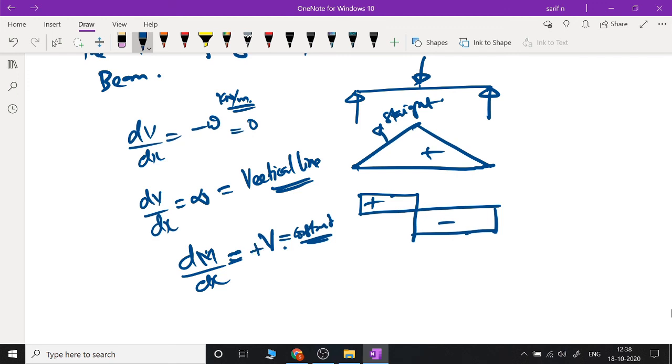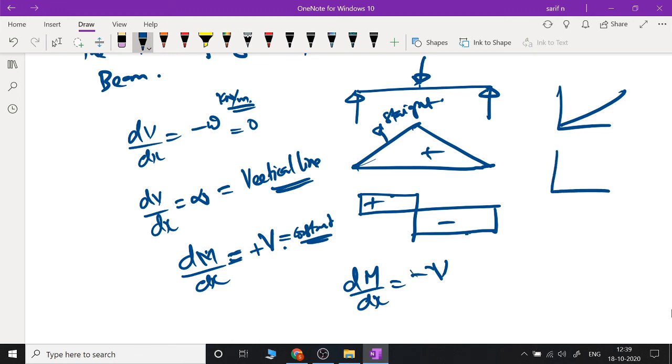When the slope is positive, the line will be in this direction. For example, a line like this is having a positive slope. Once it reaches this particular point, there is a discontinuity, and after that what you will see is dM by dx is equal to minus V. Again, it is a constant value indicating it is a straight line. The bending moment is a straight line, and there is a negative sign indicating that it is going to slope downward. Okay, so this is how you evaluate the shear force and bending moment diagrams and their relations.